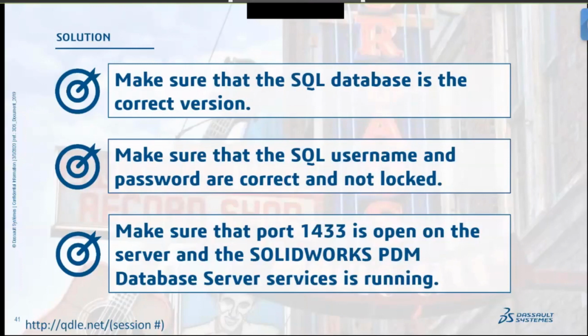Or if the service is actually turned off. If the server was rebooted, even though the service is automatic, sometimes it just doesn't turn on, because Windows applications aren't necessarily perfect the whole time. So ensuring that those ports are open and the service is running will typically get us where we need to be.